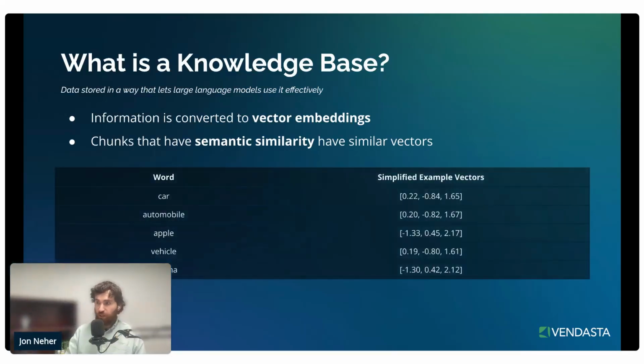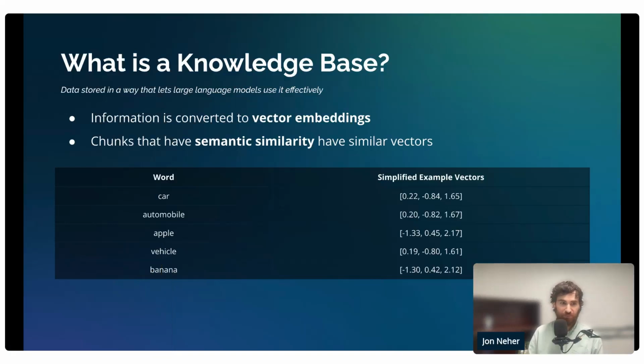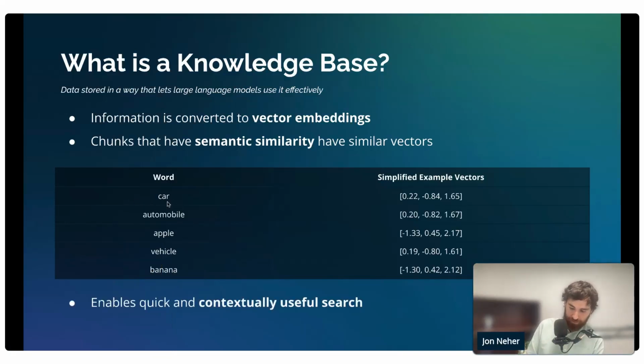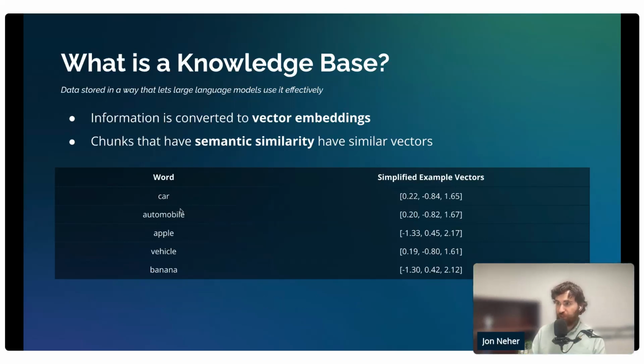Let me let you see a little bit easier. You can see here that the word car has this vector, and it's pretty close to this vector for automobile, right?